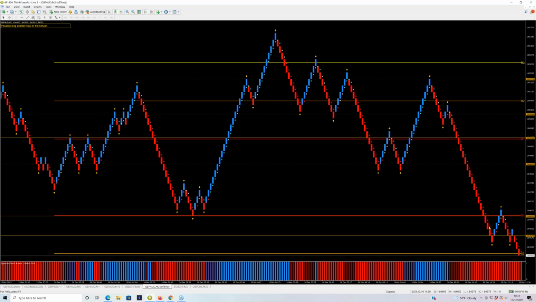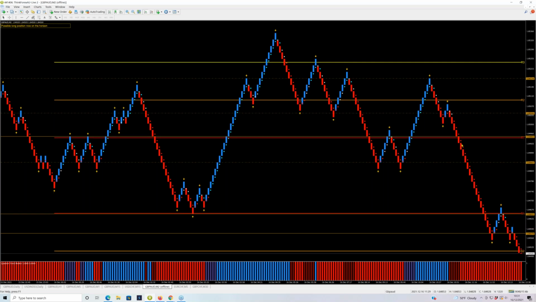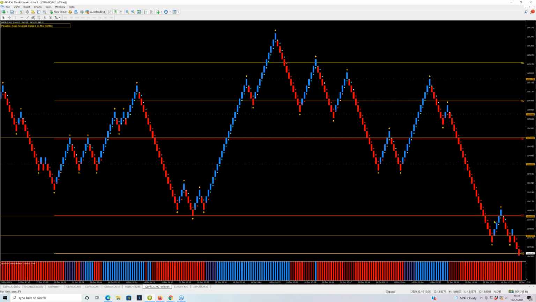It moves away from this almost parallel, and then you get a more equal driver. And this is really what has happened on this particular pair.